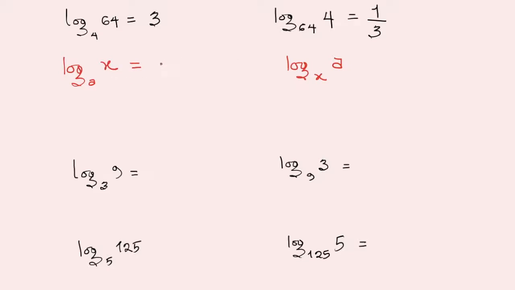If this is n, then this is equal to 1 over n. So if we write that out, what we're saying essentially is that log to the base a of x is equal to 1 over log to the base x of a.